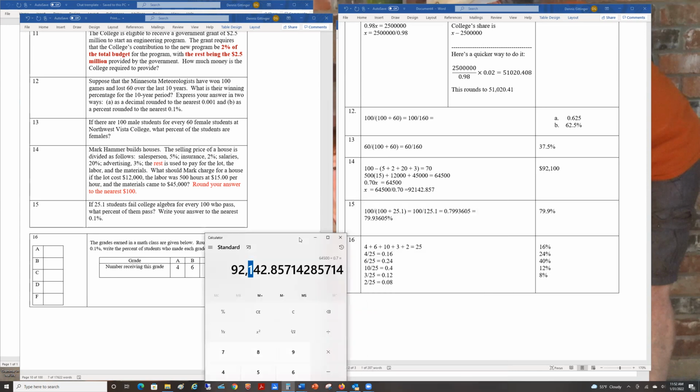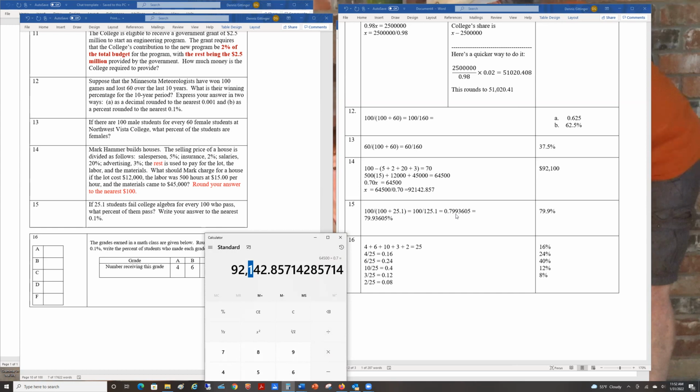Number 15. Another one like pass, fail, wins, and losses. Very much the same as number 13. You have the percent of them passing is 100 divided by the number of people taking. So 100 pass out of 100 plus 25, 100 passes plus 25 failures.